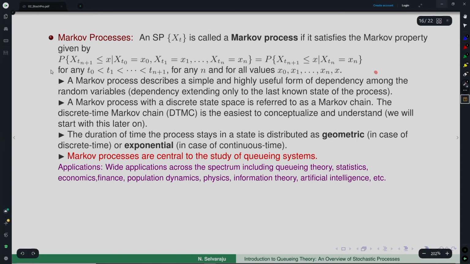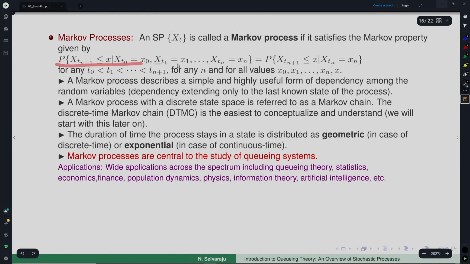Again you look at here, see, martingale we represent in terms of conditional expectation, and here it is in terms of conditional probabilities. So if you know the process started at x naught at time t naught and moved to x1 at time t1 and so on to xn at tn, and given this history, I want the probability that x at tn plus 1 is less than or equal to x.